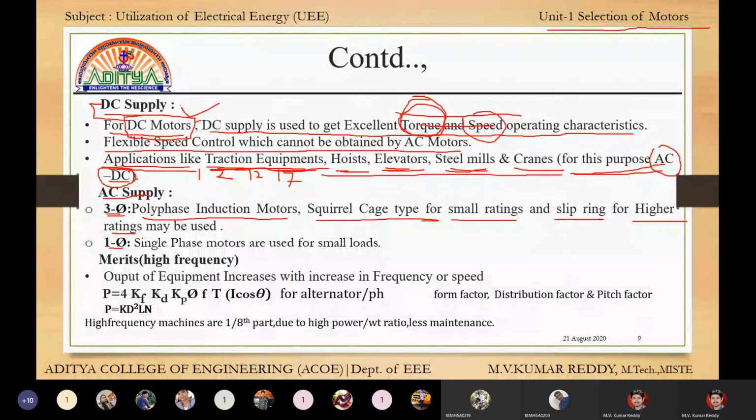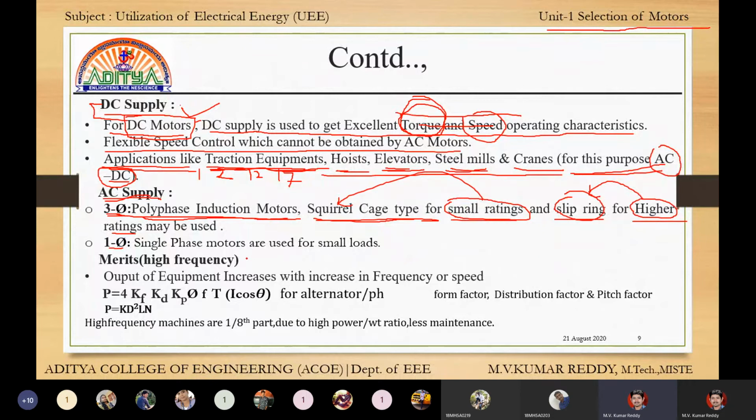For small ratings, squirrel cage induction motor. For high ratings, slip ring induction motor.